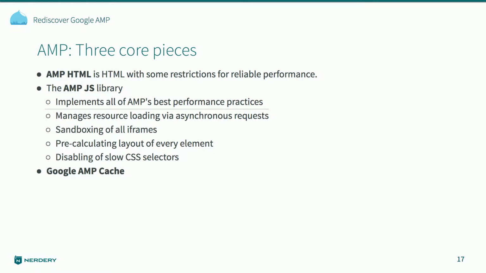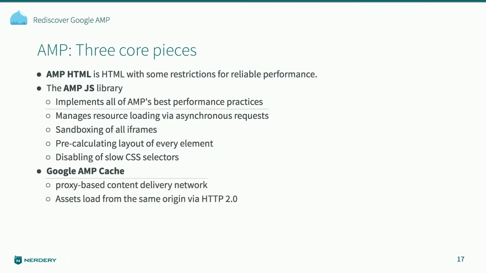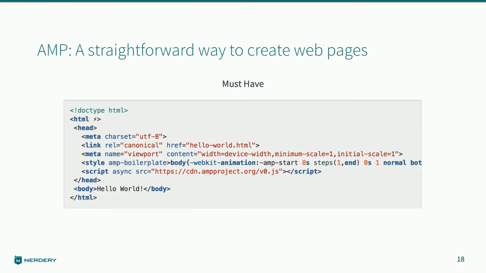And then one of the things that makes it so fast is the Google AMP cache. It's like a content delivery network provided for AMP pages. And then it uses HTTP2, which is a new protocol designed for performance. And through that process, there's some built-in validation, so it doesn't serve non-valid AMP pages to people that are expecting AMP pages.